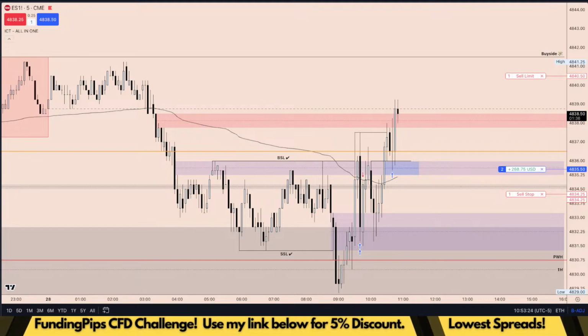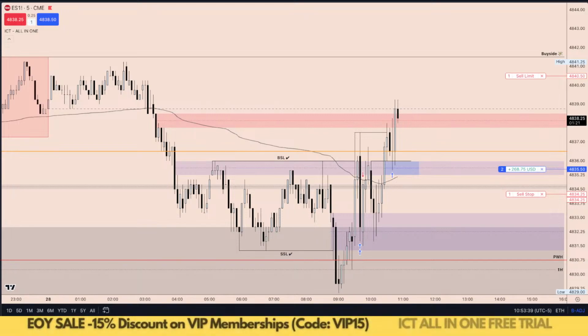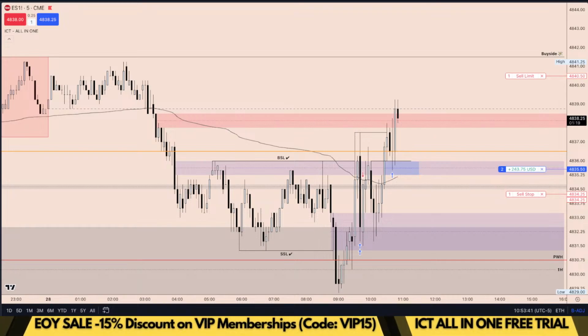But I'm also not looking for the biggest 20-point move here. I'm only going to target my 5 points, and that's basically going to be it. I'm going to leave one runner into my buy side liquidity target. But I think 250 bucks in profit, of course depending on your account size, 1%, 0.5%.